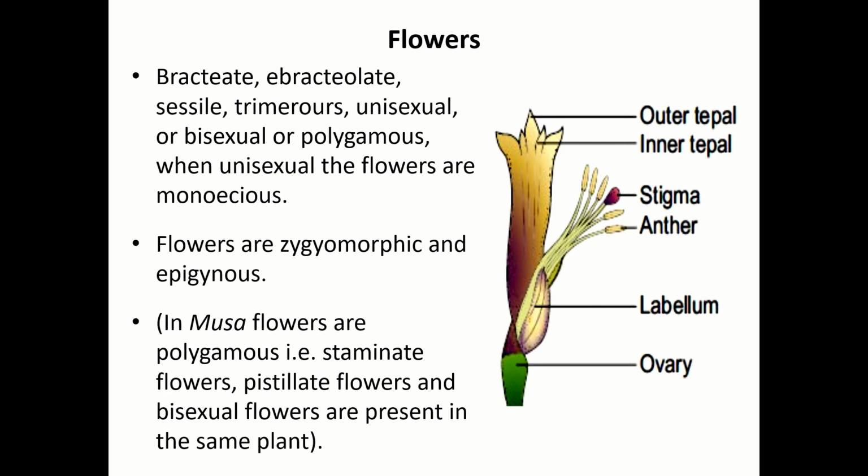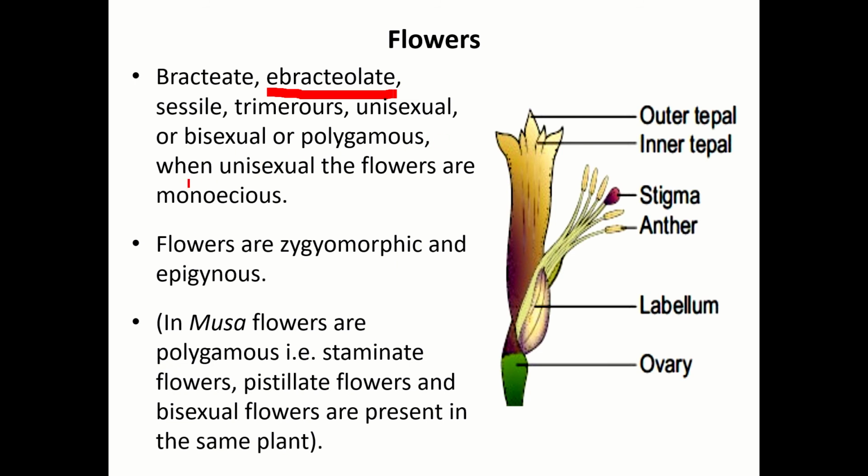Now we'll come to the flower. They are large, brightly colored, generally trimerous. Now see, they have a bract, they are bracteate, but bracteoles are absent, ebracteolate. They are sessile, trimerous, unisexual or bisexual or polygamous.